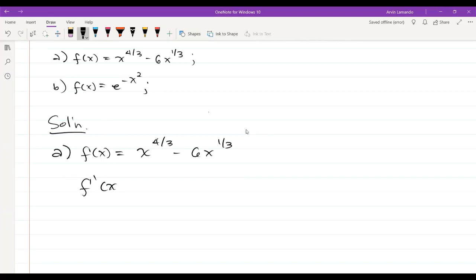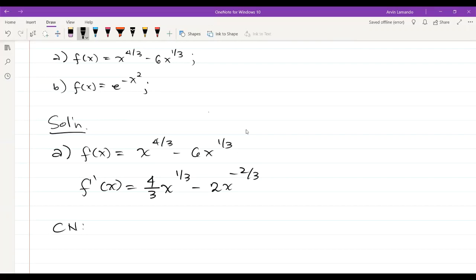So the first derivative of f is given by 4/3 x raised to 1/3 minus 2x raised to negative 2/3. Okay, the critical numbers of f then are given by the zeros of f prime and by the values of x which make it undefined.